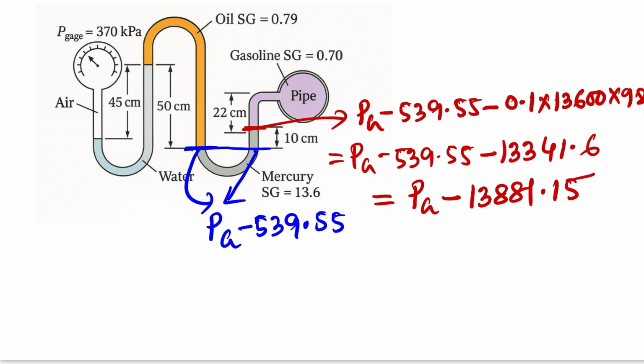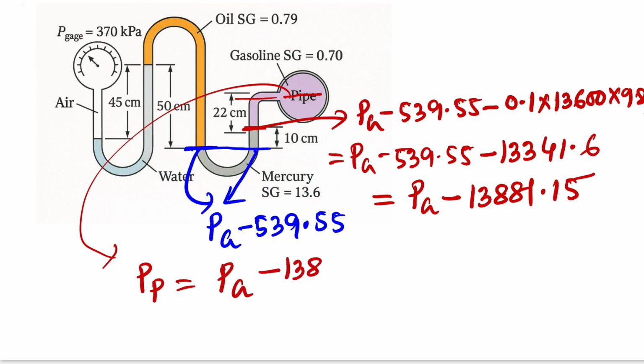Now we have to calculate the pressure of the pipeline. Here again we are going in the upward direction. So PP will be PG minus 13881.15.